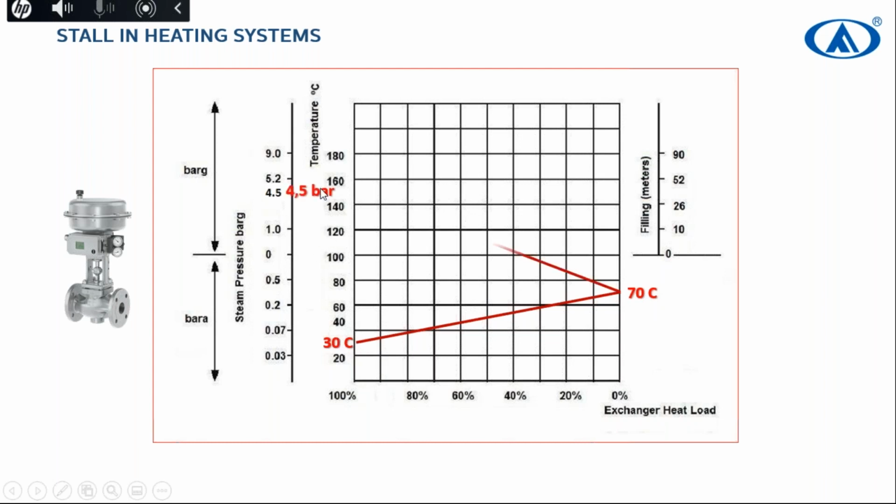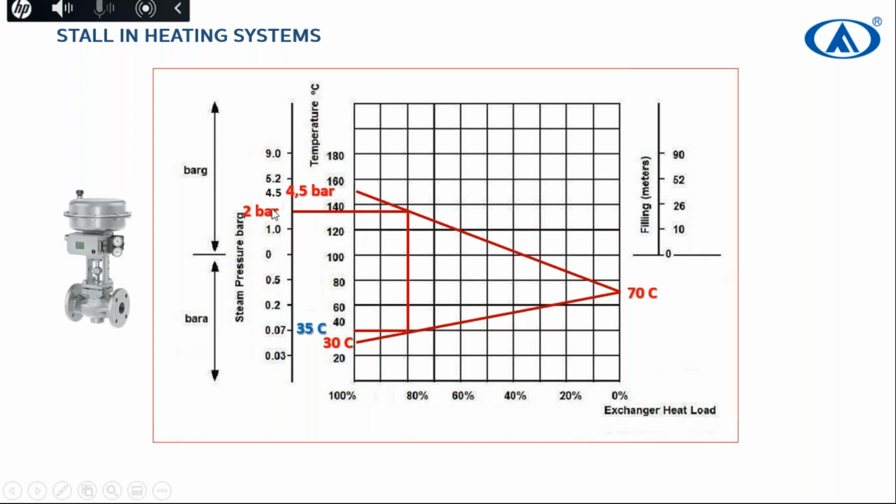Your feeding steam is 4.5 bar, which means 145 degrees Celsius. When you reach the adjusted temperature properly, averagely, when you reach 35 degrees Celsius, your temperature control valve will reduce the flow rate of the steam.